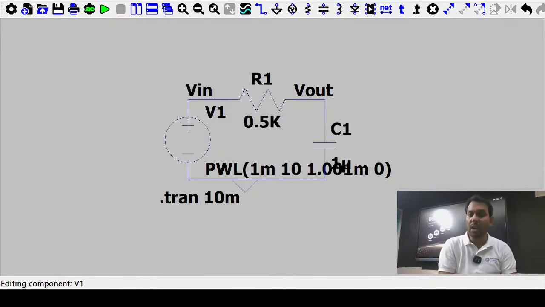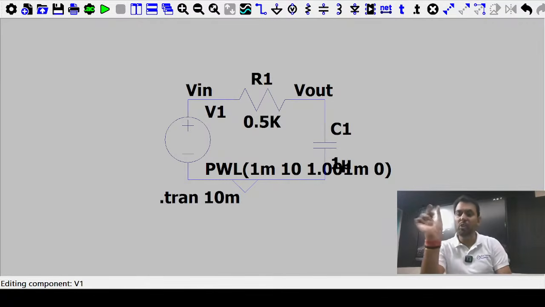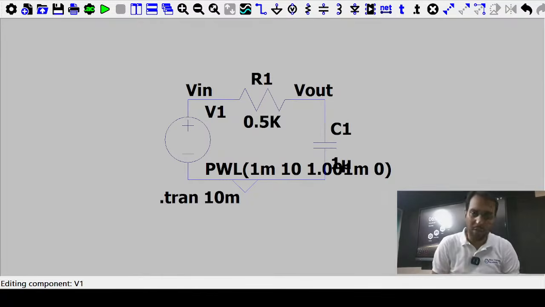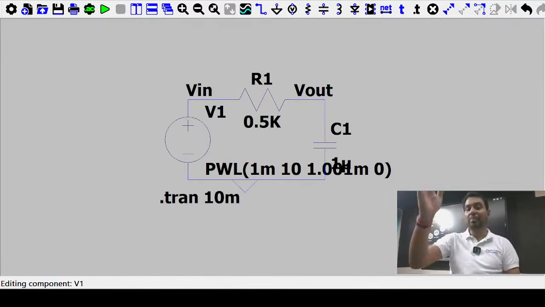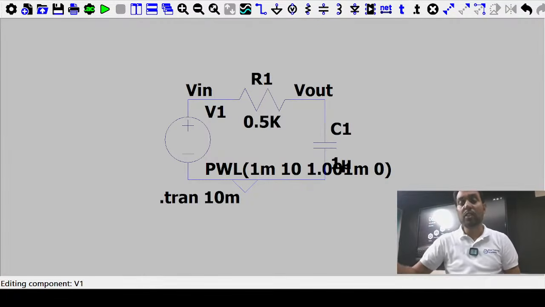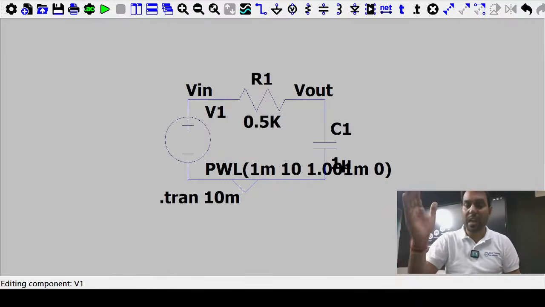If you talk about tau, tau is 0.5 millisecond for this circuit, and 5 tau is 2.5. So 1 plus 2.5 is 3.5, meaning you have 0.5 millisecond extra. After 5 millisecond it reaches 0 volt with a fall time of 1 microsecond, and it is maintained at 0.